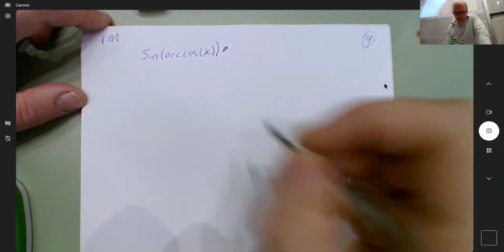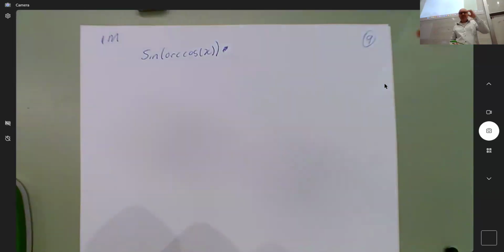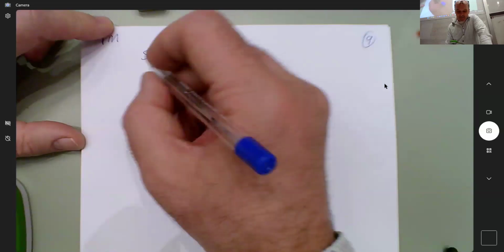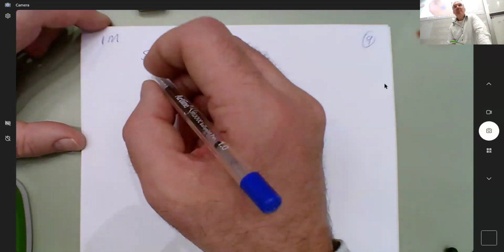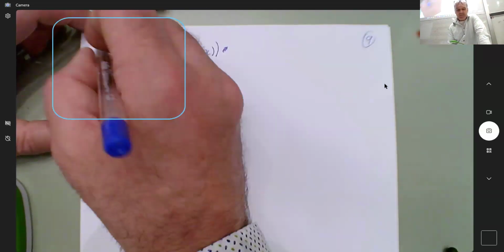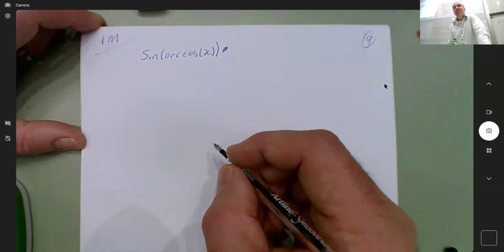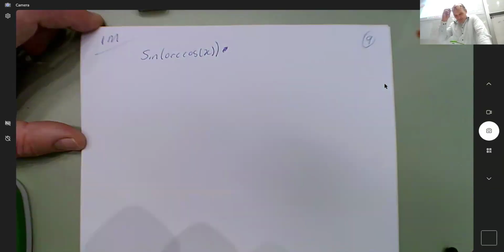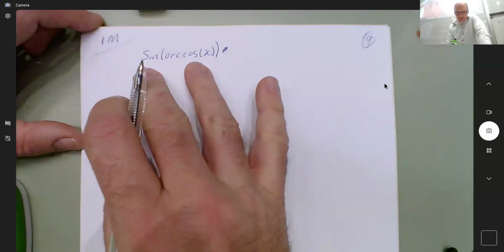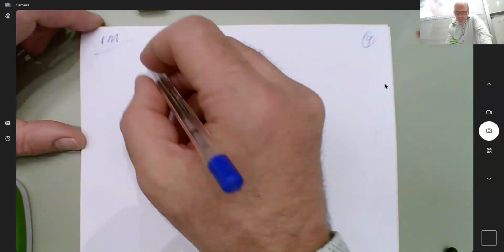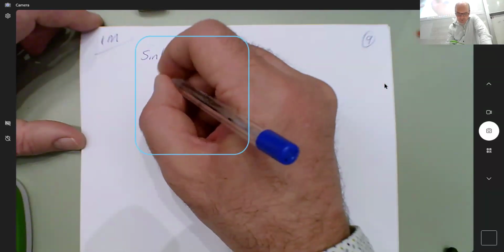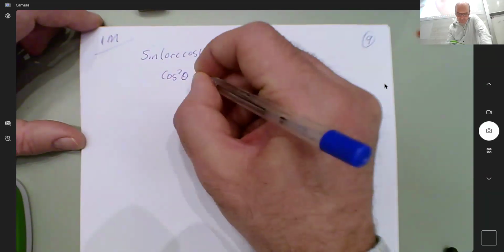I'm just going to talk about rewriting this particular expression. This is where these things will come up in the solution to some sorts of problems, and I can't think of a nice problem that will make it come up quickly, so I'm going to ignore the details. But sometimes you can be faced with a sine of an arc cos, and what that means is I want to rewrite sine in terms of cosine. So I'm going to go back to the standard circle identity.